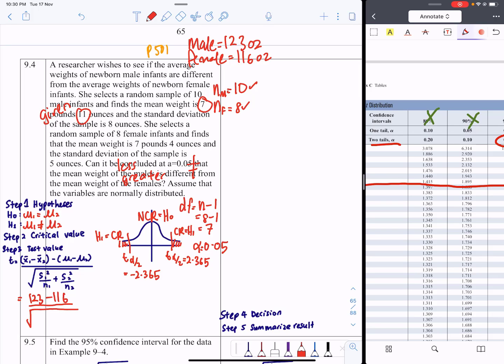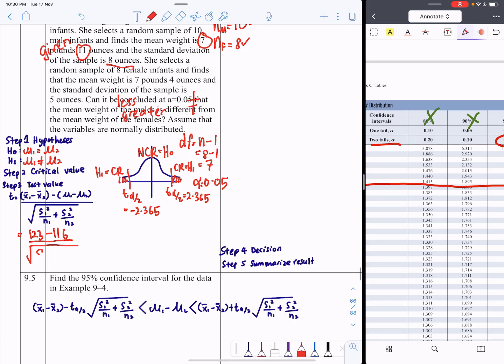We need to find the standard deviation. Here it gives you the standard deviation. When it gives you standard deviation, of course you need to square it. If it gives you a variance, do not square it. Do not square the variance. If in the question it gives a variance, do not square it. If you square it, then you will have a wrong answer.